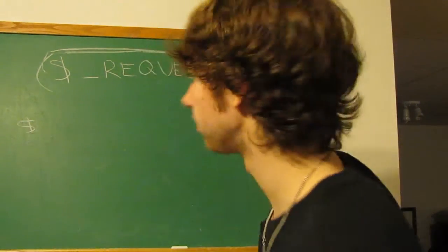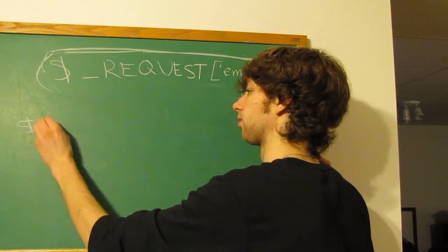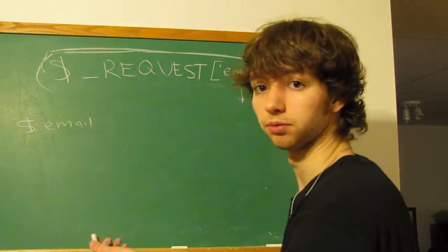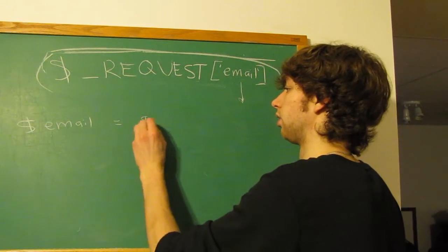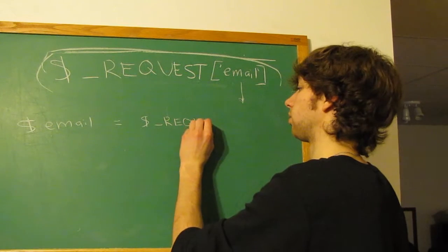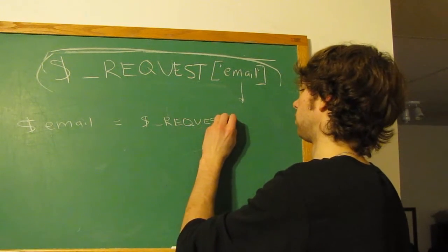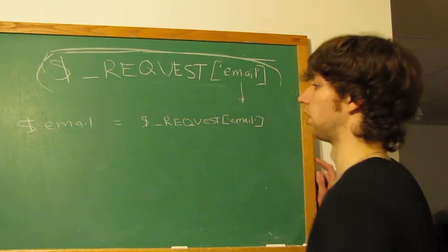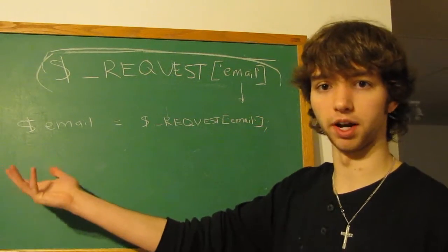Can you see that? So we could say email, right? And we can assign this the value. So this is the basic setup of what we could call a shorthand variable.